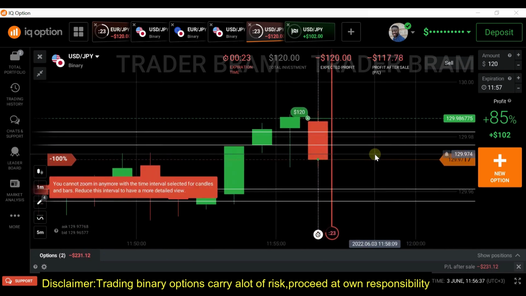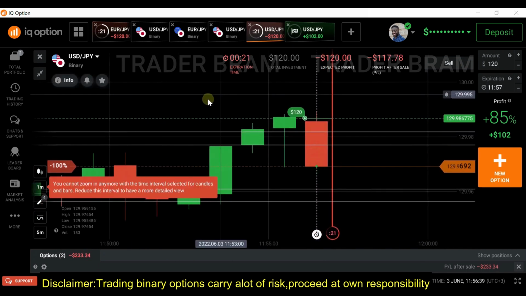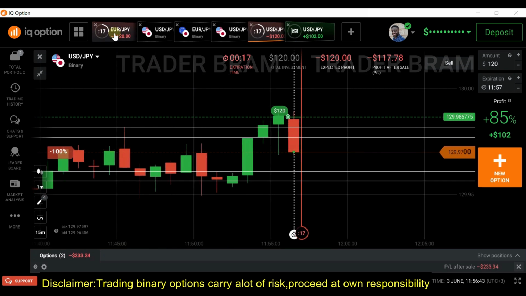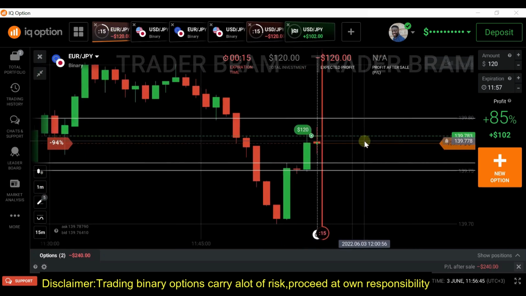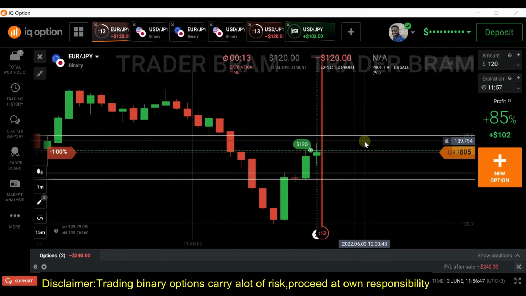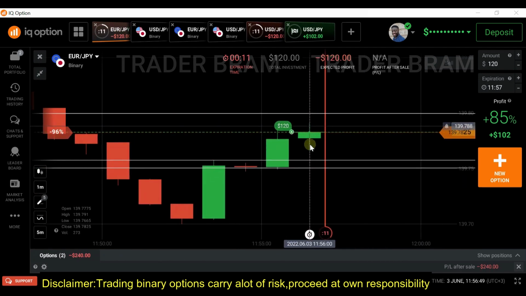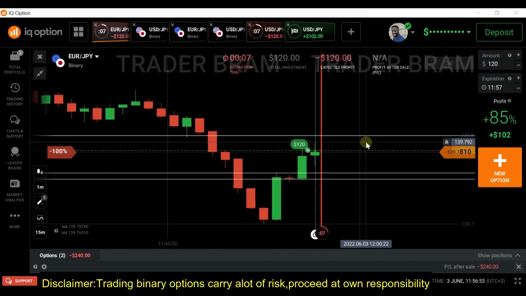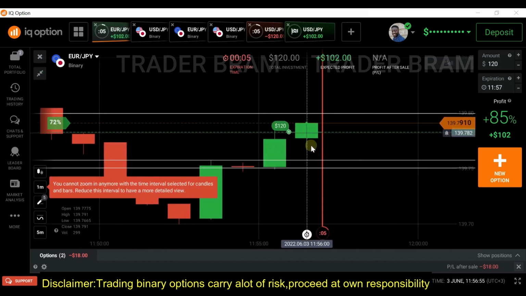Again, strong bearish movement. Here I expect the buyers to move higher. So let's wait for this candle to close.